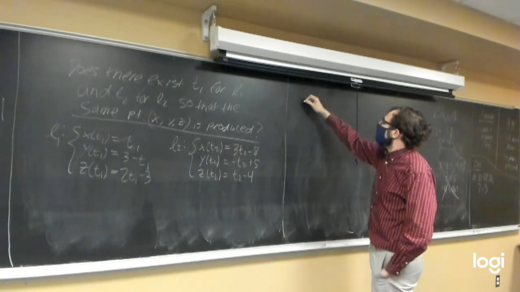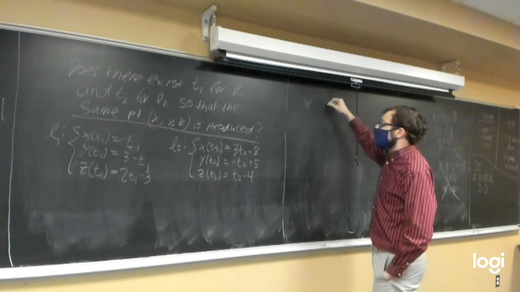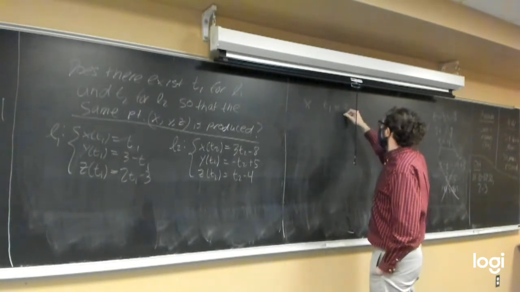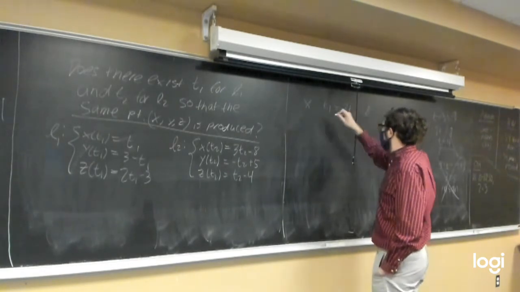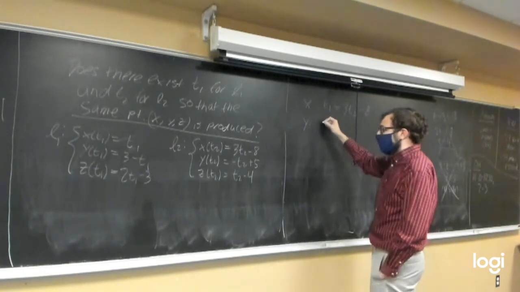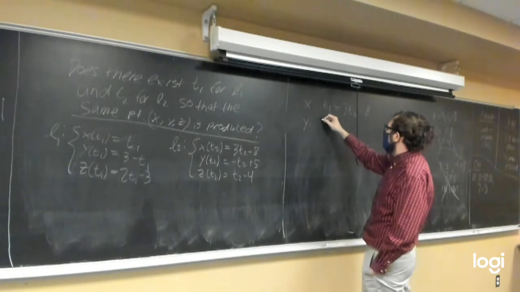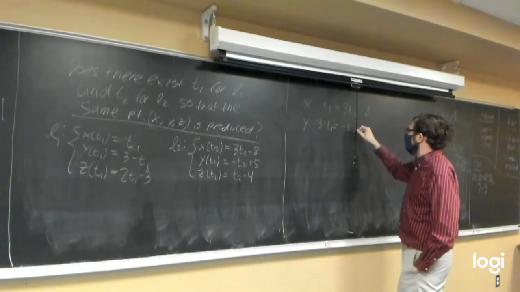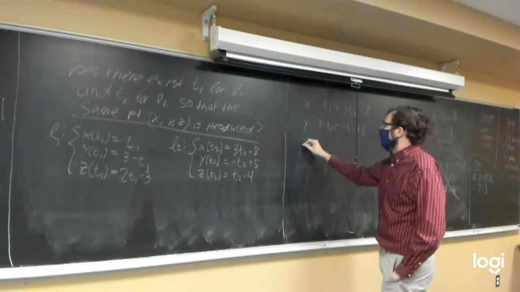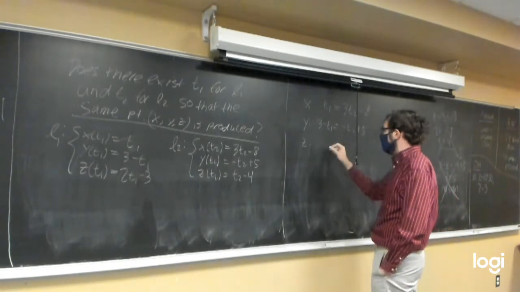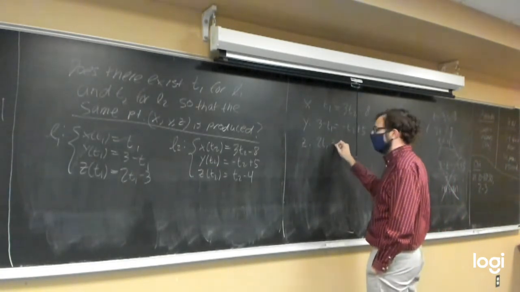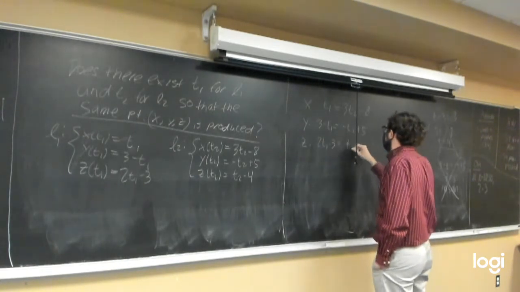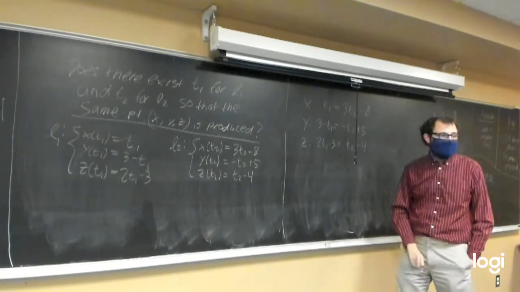If we set the x's equal to each other, we need that t1 is equal to 3t2 minus 8. Our y coordinate being equal tells us that 3 minus t1 has to be equal to negative t2 plus 5. And z coordinates being equal tells us we'll need 2t1 minus 3 to be equal to t2 minus 4.